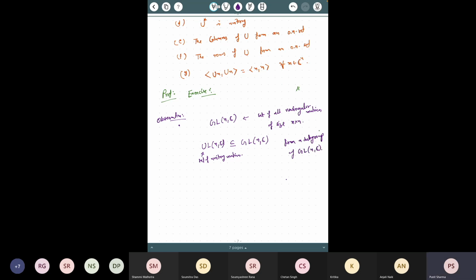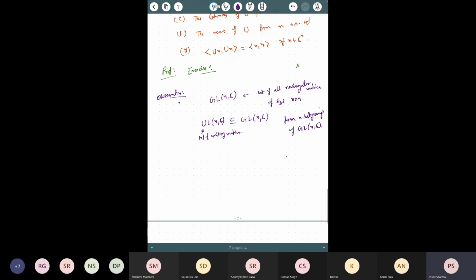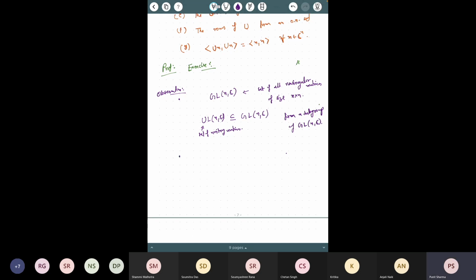Okay, the second observation. If you look at the set of unitary matrices, and at this space of matrices together with some norm, and at the topology defined by that norm, then this set of unitary matrices is a compact set.